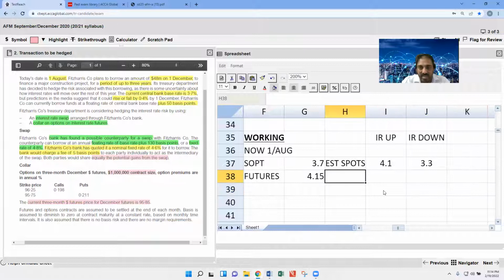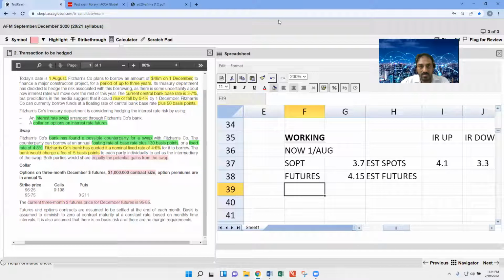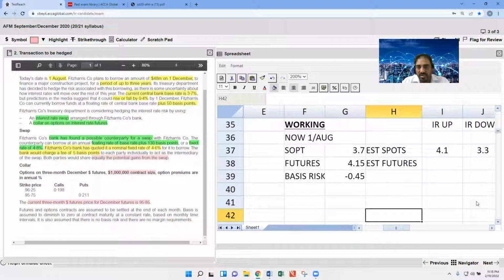And we need to calculate estimated futures. Number one, basis risk is equal to 3.7 minus 4.15, which is minus 0.45.